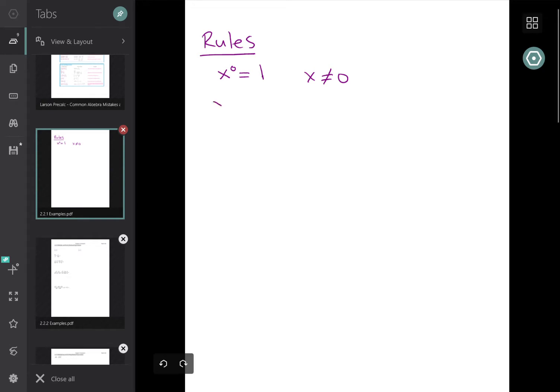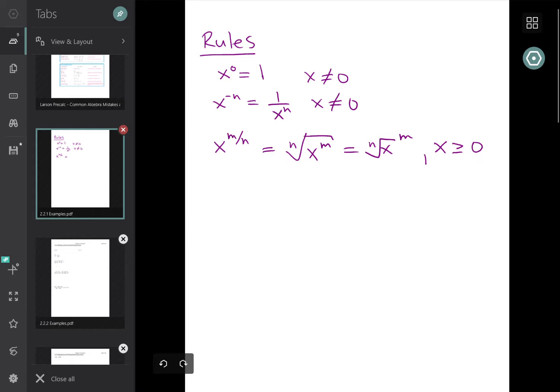We also know that x to a negative number is 1 over x to that number. Again, x can't be 0 for that one. Fractional exponents, x to the m over n, can be written as the nth root of x to the m, or the nth root of x all raised to the m, as long as x is greater than or equal to 0.